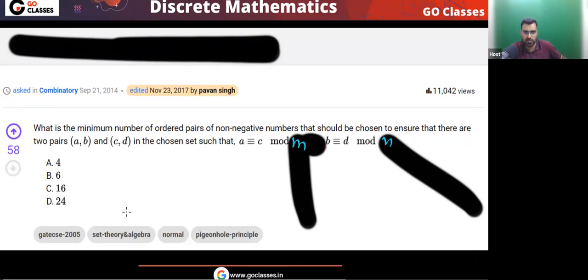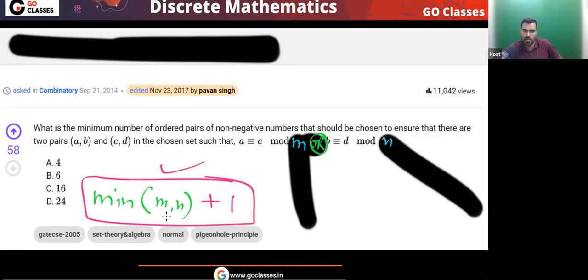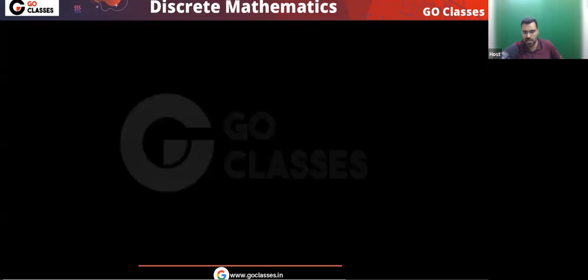Understand my question first. Now the answer will be the minimum of m comma n, plus 1. This will be the answer. So these are some generalizations.